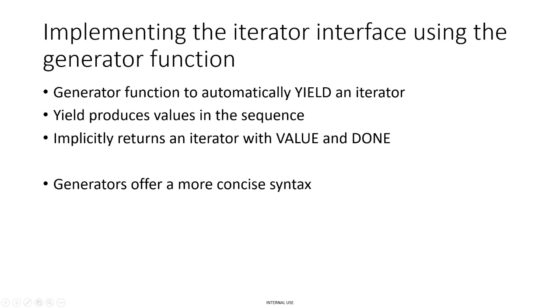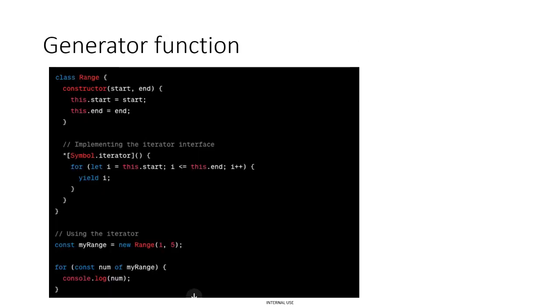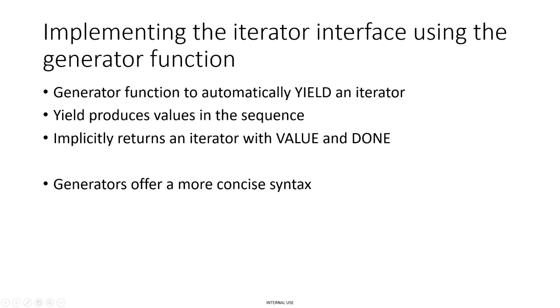A generator function is used to automatically yield an iterator implicitly. Where it says yield i, the yield produces the values in the sequence. So it implicitly returns an iterator with value and done, but a generator function offers a more concise syntax. Even though you see yield i, it's implicitly returning the iterator with value and done.